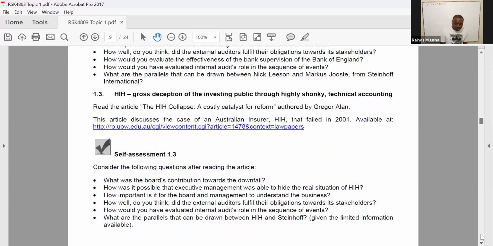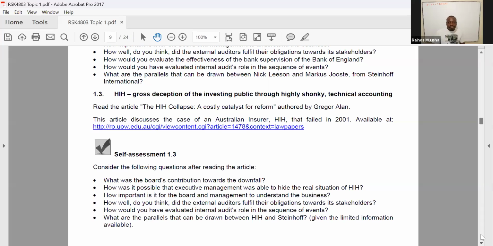is also another case of this insurance company, this insurance company from Australia. And when you look at the insurance company from Australia, the board was overstating what they could do, and you find that the auditors, the internal and external auditors, were a bit compromised in their auditing activities, and you also find that the auditors were over and above doing the audit function.